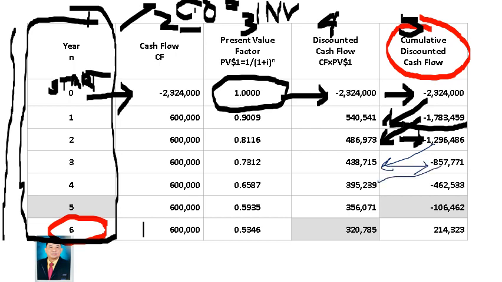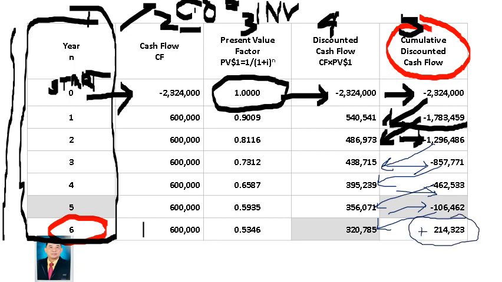This minus this one gives you a difference of negative 106,462. And this one, you still have to deduct it, but the sign is already positive.